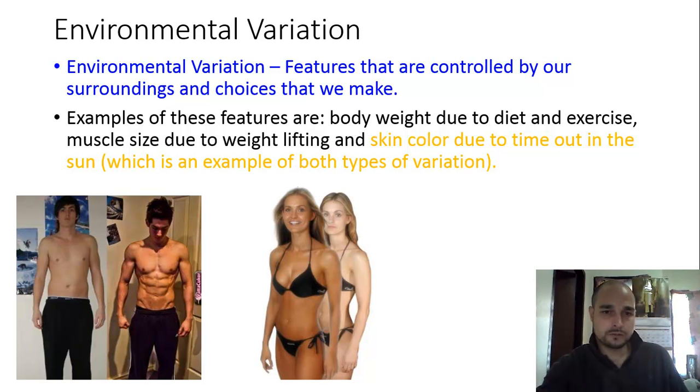And the picture in the middle is a woman who did not like her skin color and decided to stay out for many hours in the sun. So she has darkened her skin color with exposure or time out in the sun.